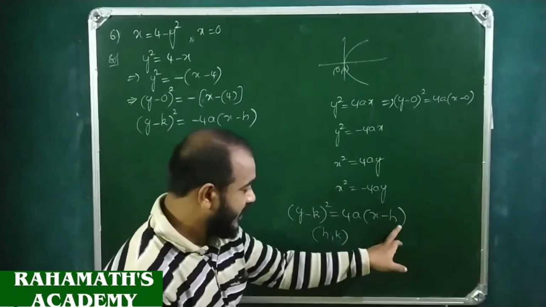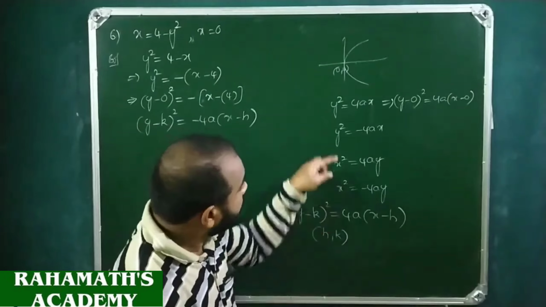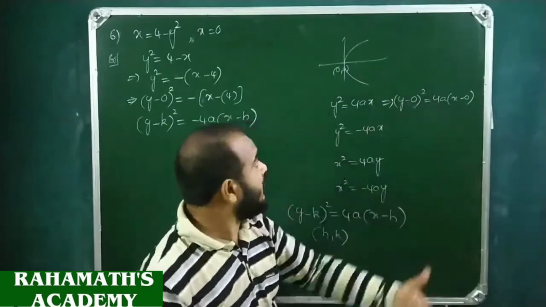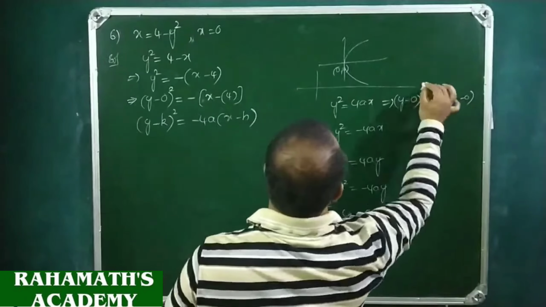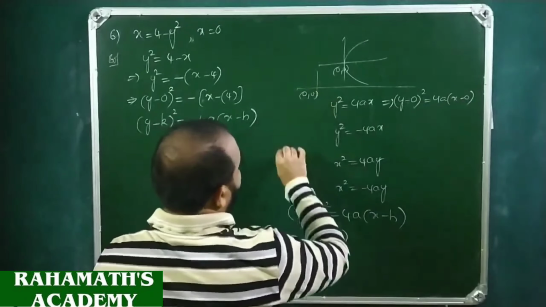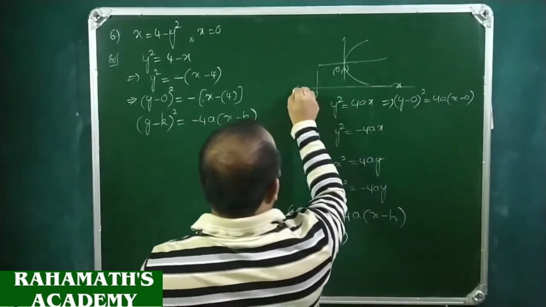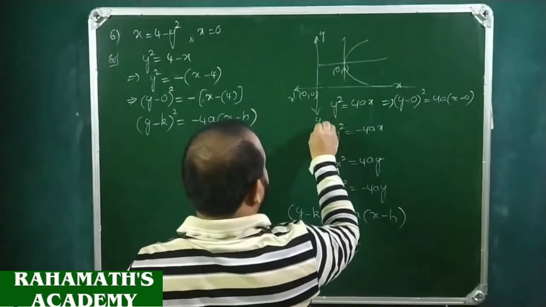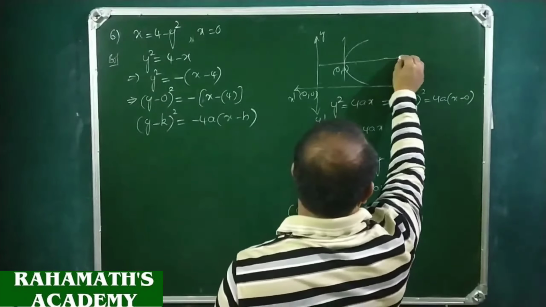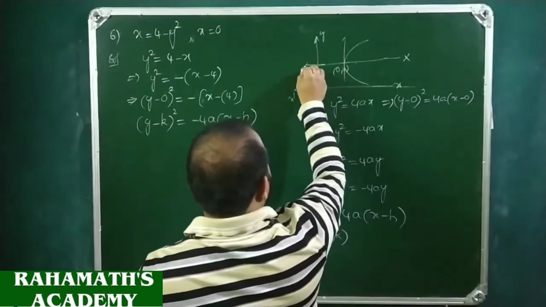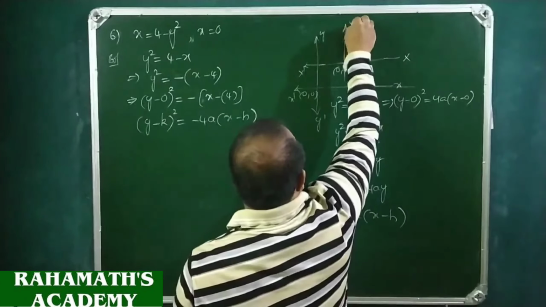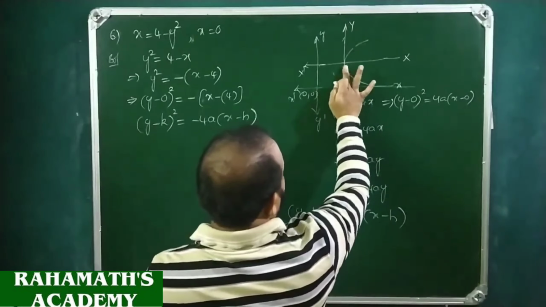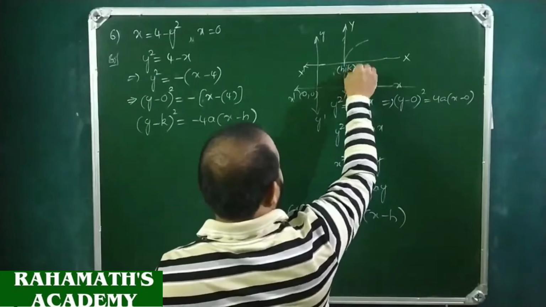Earlier you noticed 0, 0, therefore its vertex was at the origin. But here the shifting of origin has happened. This is x, x dash, y, y dash. So this is not 0, 0; this is h comma k.